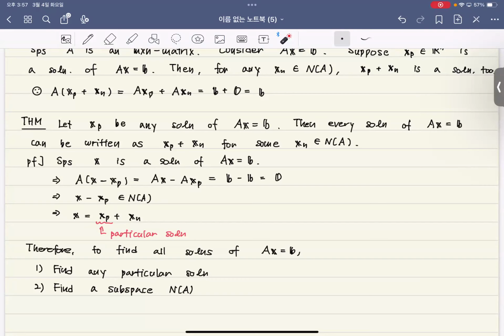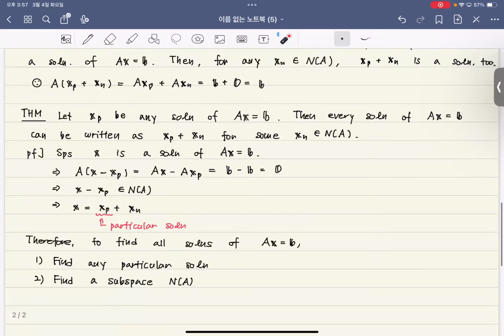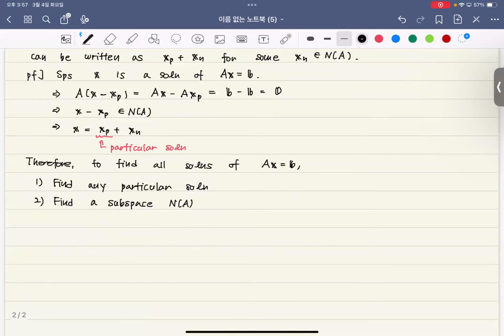From now on, I will tell you how to describe the null space of any given matrix A. In order to be able to describe the null space, this is the key idea that you should understand.